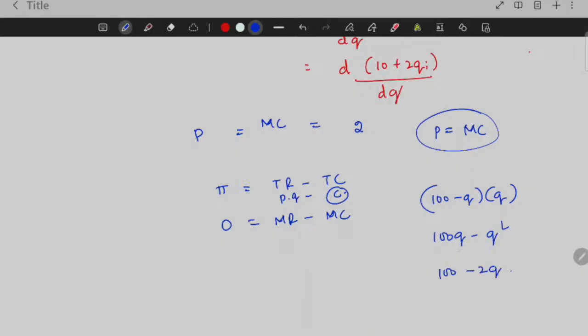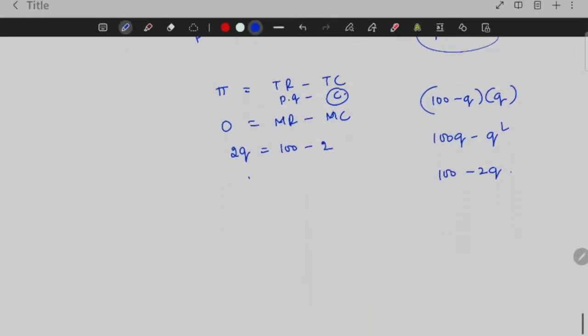So 100 minus 2Q equals 2, which gives 2Q equals 98, so Q equals 98 divided by 2, that is 49.